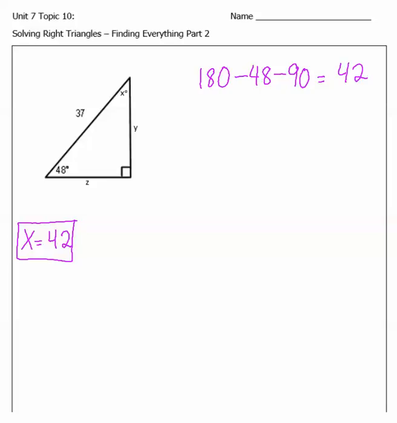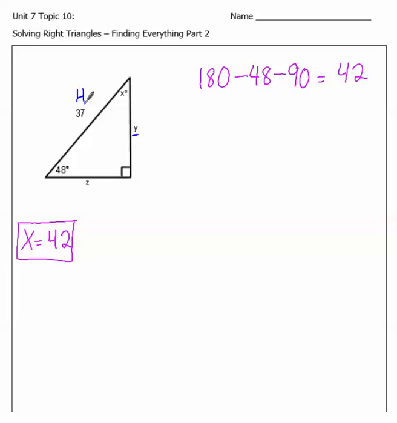So for y, I'm going to label this triangle for SOHCAHTOA. I only have one side, so I know the Pythagorean theorem's out, because I have to have 2 sides to use that. This is the hypotenuse, no matter what, but I need to pick an acute angle to label my triangle.